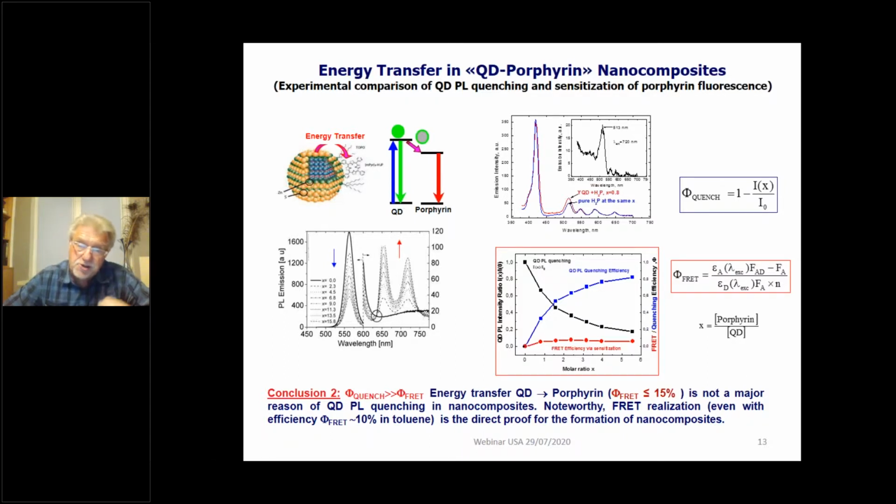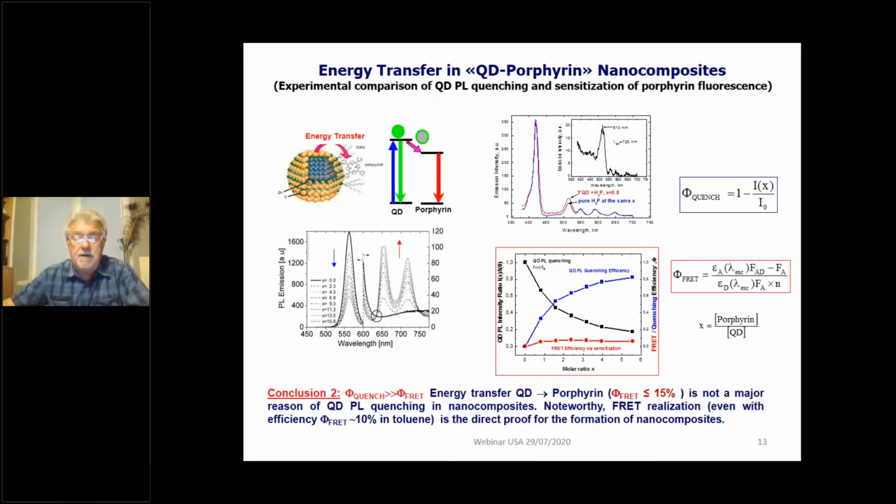So the total quenching is very strong, but the percentage of energy transfer is only 10%. It means that the main quenching process is not connected with energy transfer. Energy transfer takes place, but it is not the only channel of the activation of states of quantum dots.